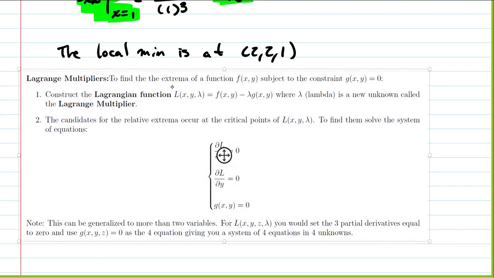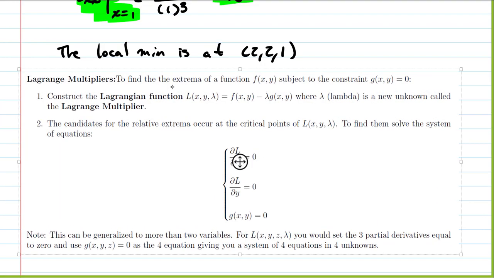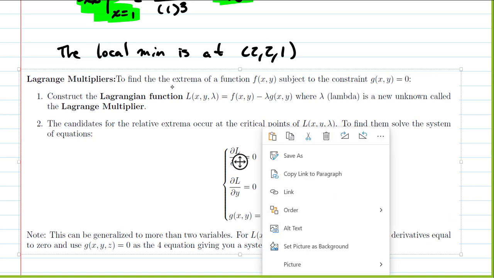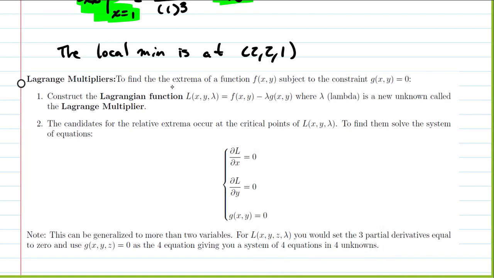So the Lagrange multiplier method says to find the extrema of a function f of x,y subject to the constraint g of x,y equals 0, we construct the Lagrangian function, which is a new function of 3 variables, which is f of x,y minus lambda times g of x,y, where lambda is a new unknown called the Lagrange multiplier.